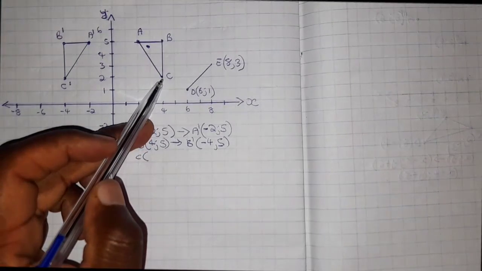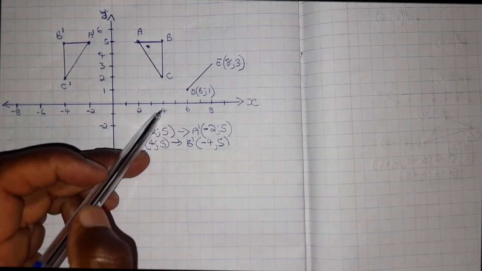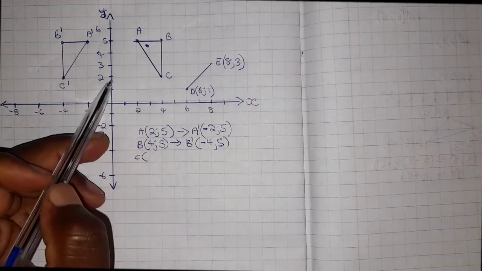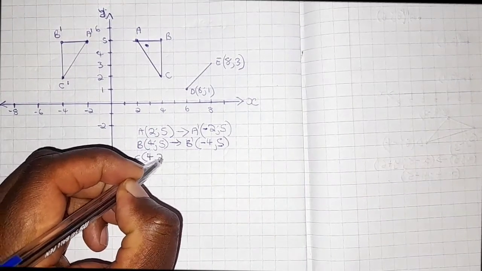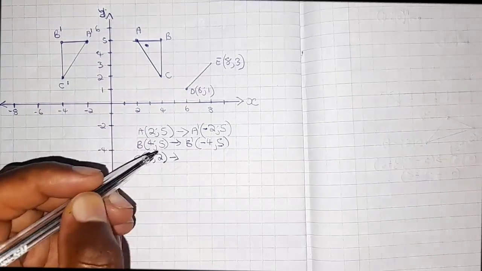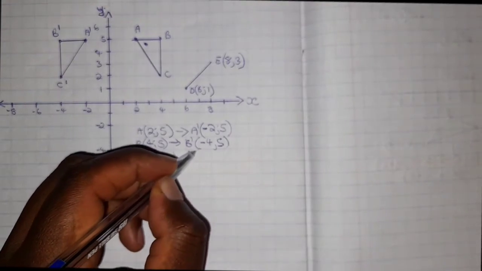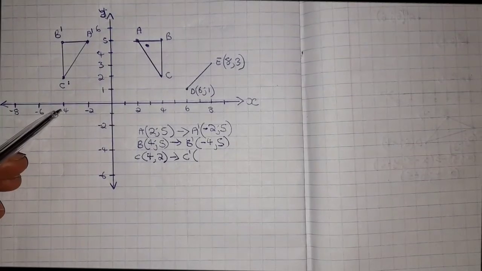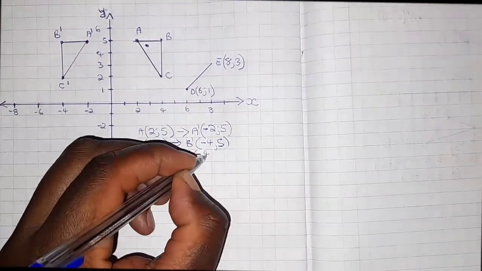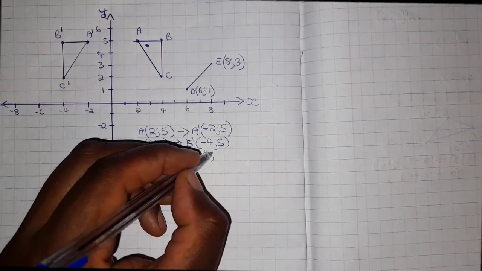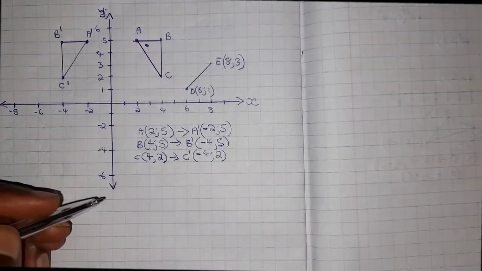This is our original C, and the coordinates of the original C are (4, 2), and C is being mapped onto this image with (-4, 2).